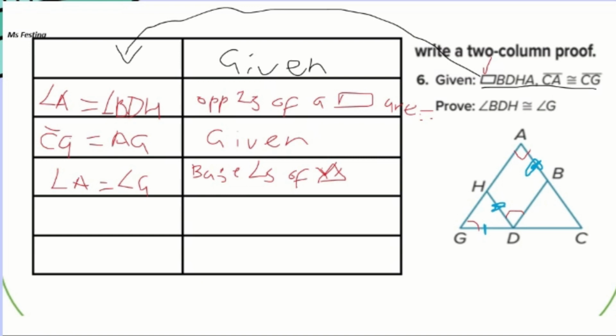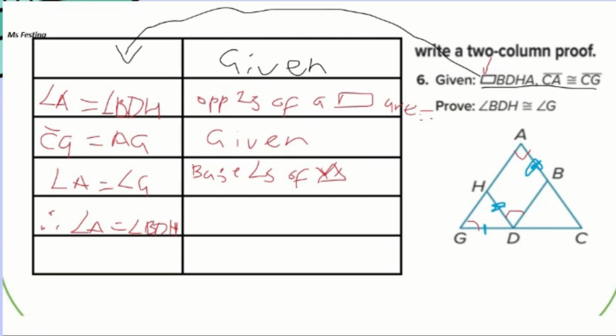And once we have established that angle A is equal to angle G, therefore it means that, so you will write therefore, we write it with 3 dots. So therefore angle A will be equal to angle BDH, okay?